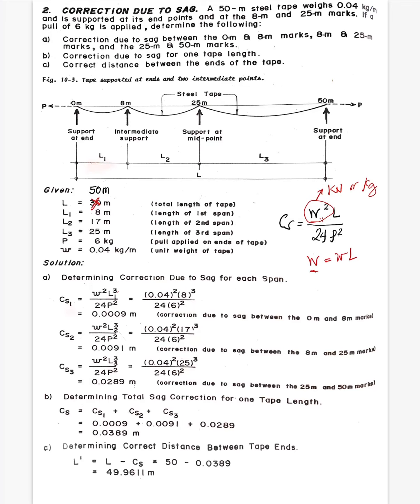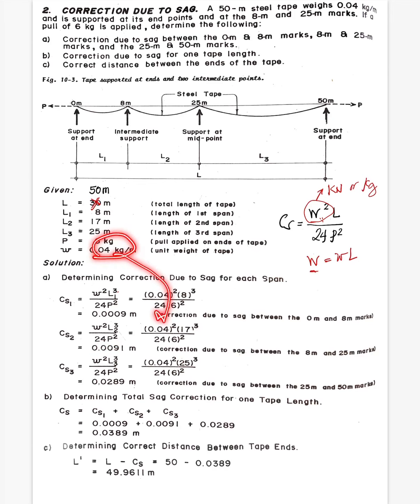So your correction for the length one, that is 0.0009 meter. So that is the correction due to sag from 0 to 8 meter mark. And then for CS2, or the correction for L2, you have now your L2 equal to 17. That is from 8 meters to 25 meters. So for the formula, that is w squared times L2 cubed over 24 P squared.